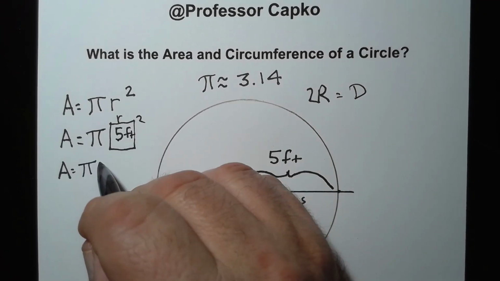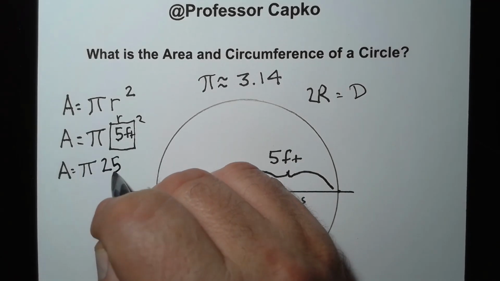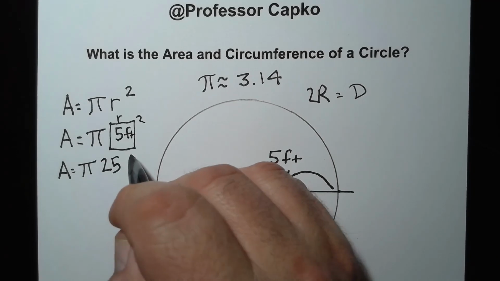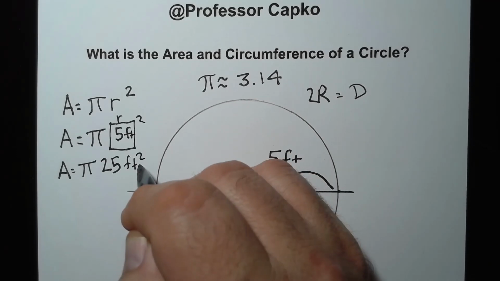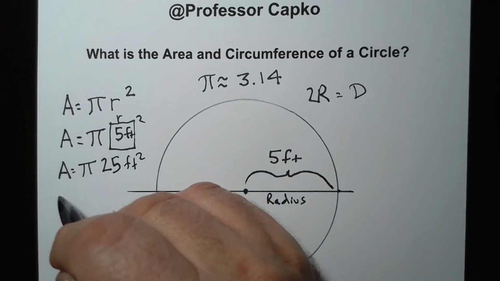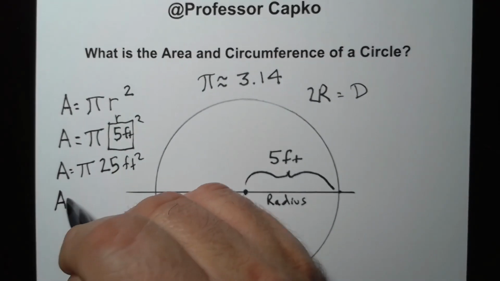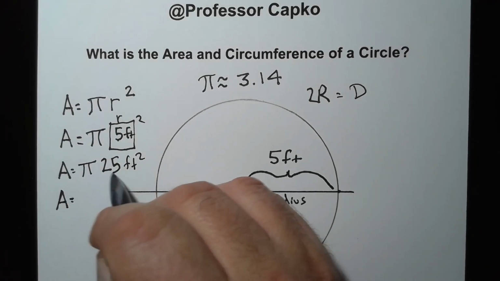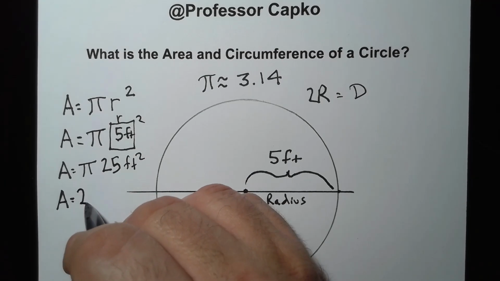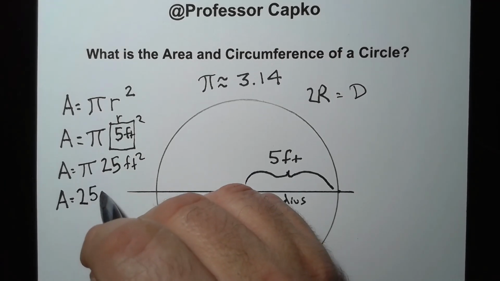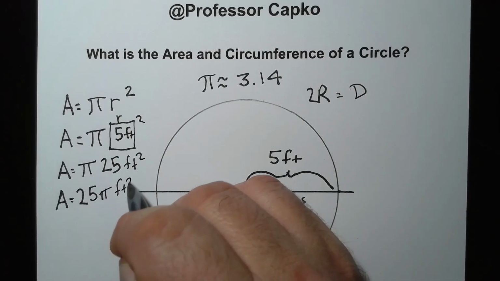So 5 times 5 is 25, and feet times feet is feet squared. I'm going to rearrange this because your answers usually will have the constant first: 25 pi feet squared, like that.